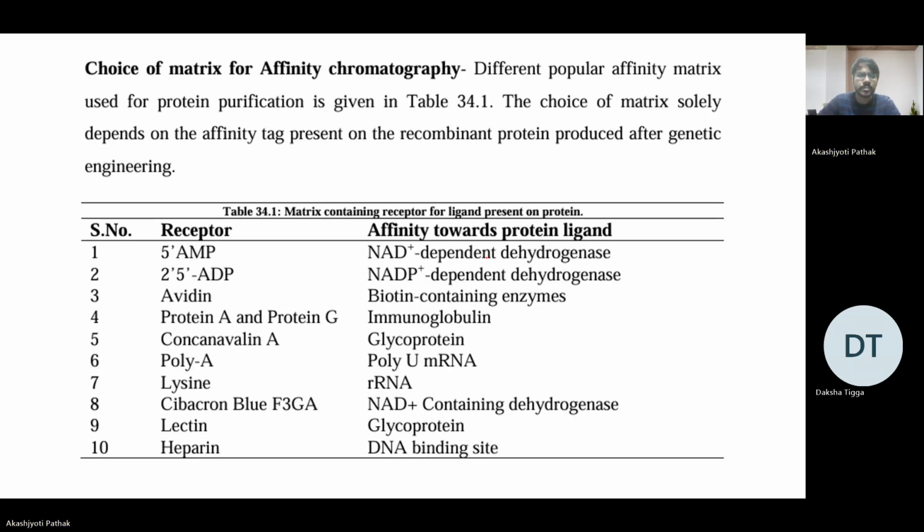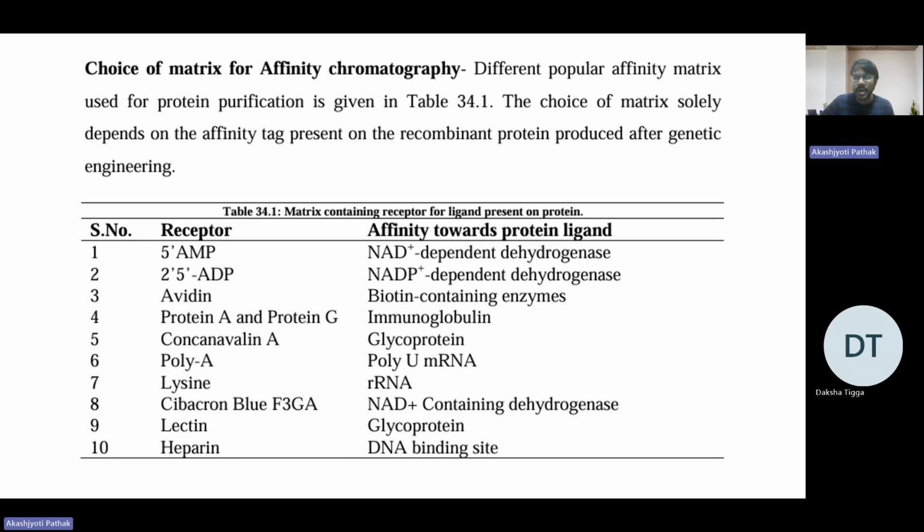Okay, so there are different types of affinity chromatography, and there can be different types of molecules that you can use. If your protein has a histidine tag, you will use nickel NTA chromatography. If your protein has a GST tag, you will use reduced glutathione.